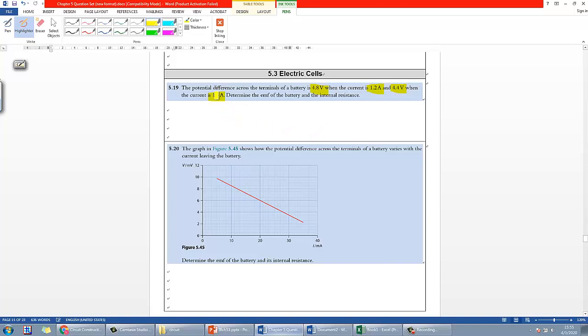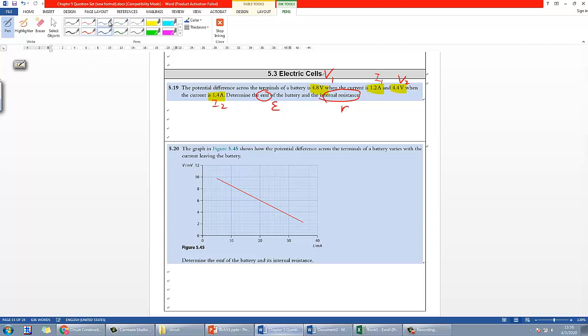If you recall what we talked about, across the terminal means both of them are V, the external voltage. And they want you to find the EMF of the battery, which is the unknown, and also the internal resistance, small r. Apparently there are 2 conditions, so maybe I call them V1, I1, V2, I2. Okay, so this is what you should do when you read a question like this.